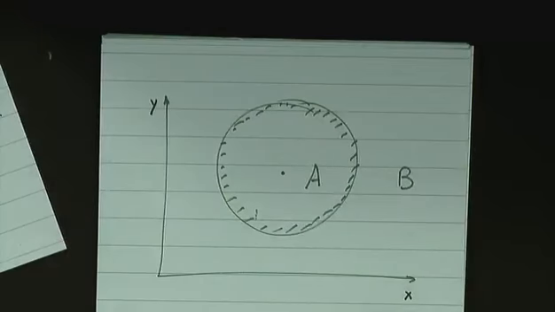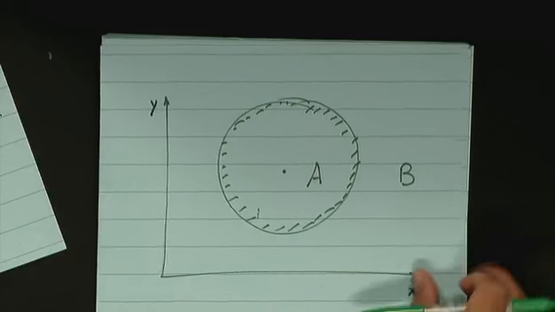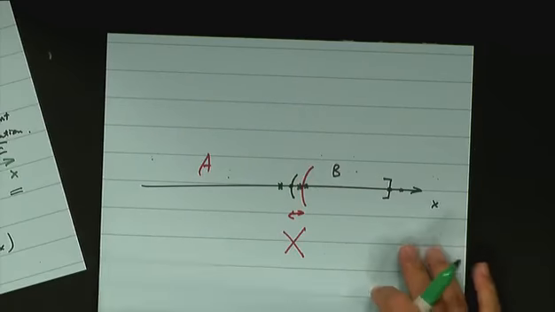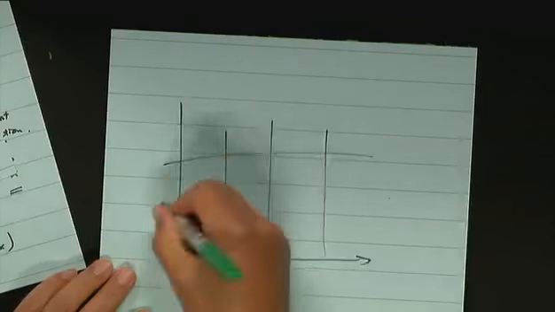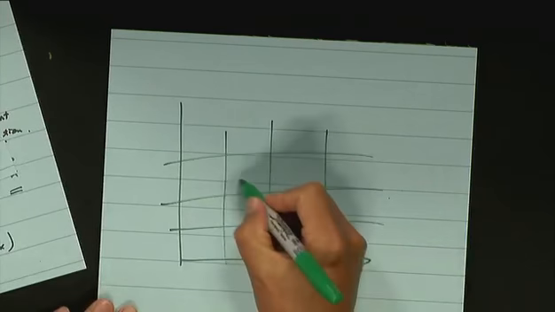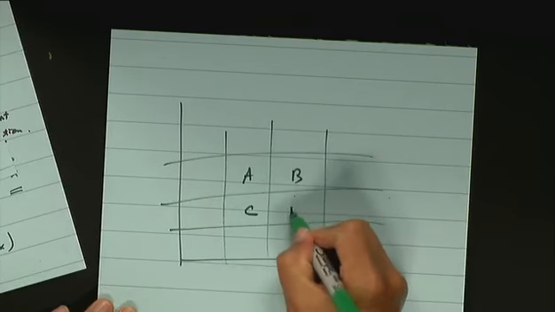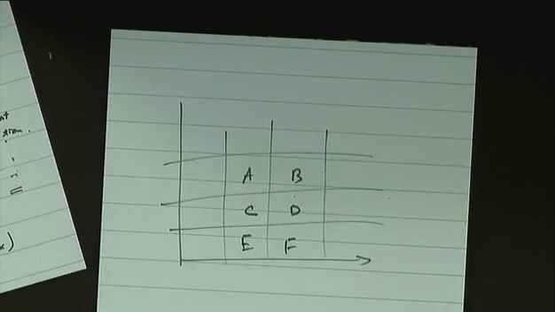We said this circle here. If you had this circle, it's going to be a disaster. If you had some 2-dimensional thing that is a perfectly aligned grid, then it's probably not too bad. We call this A, B, C, D, E, F, for example.